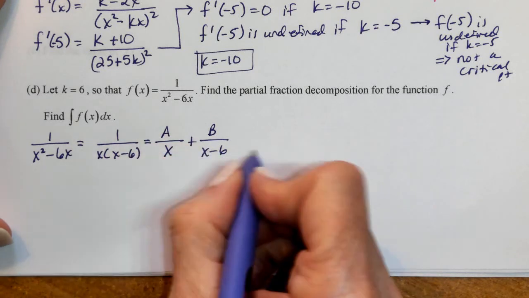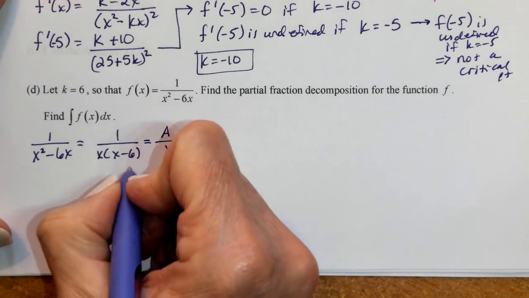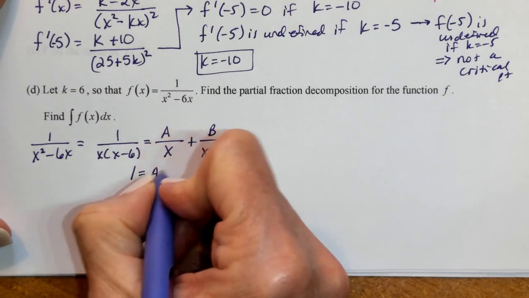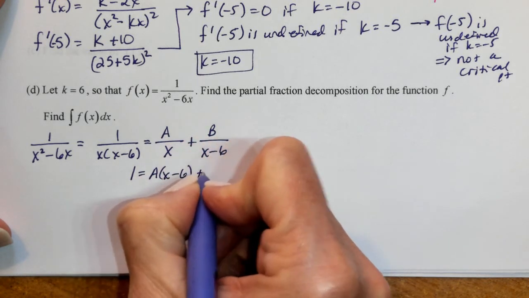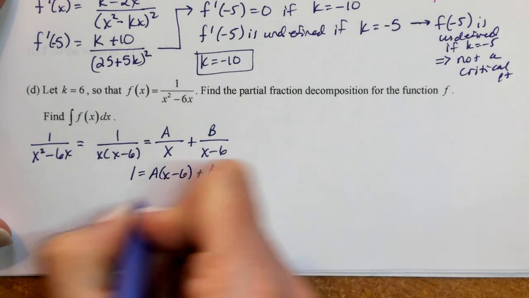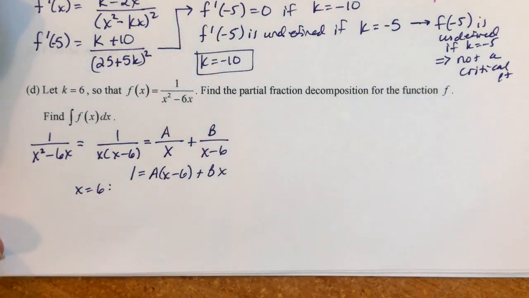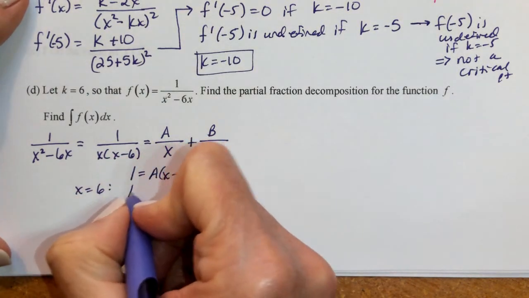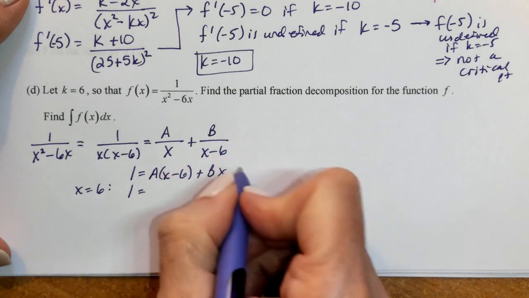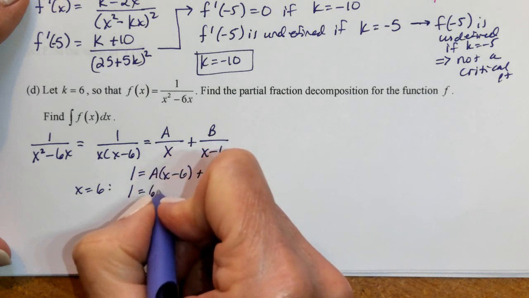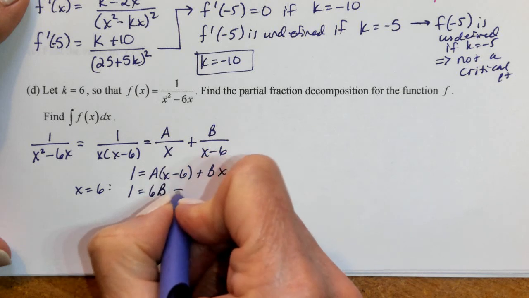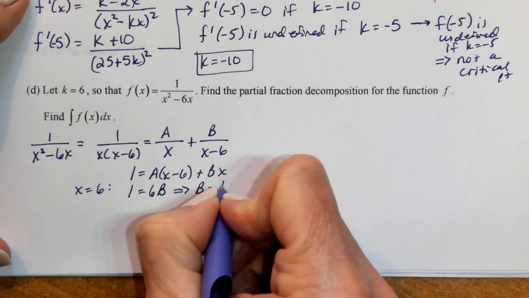If I multiply both sides by the common denominator, I'm going to get 1 is equal to A times x minus 6 plus B times x. I can let x be anything I like. I'm going to begin by letting x be 6 so that my A term zeroes out and I just get the value of B. So B will be 1/6.